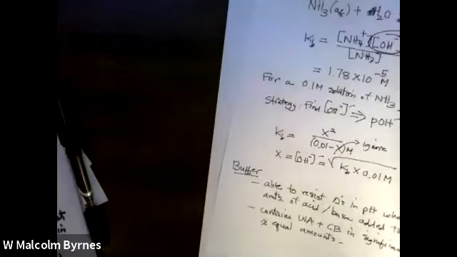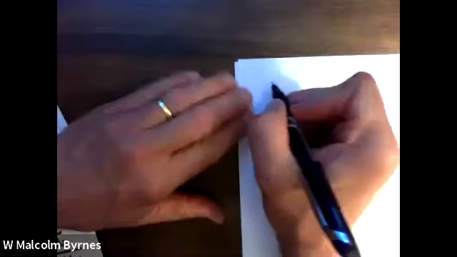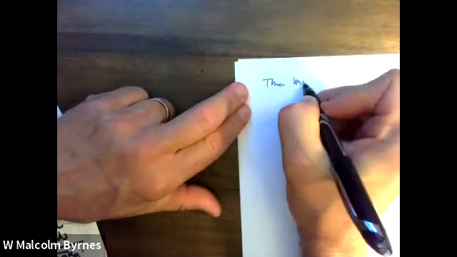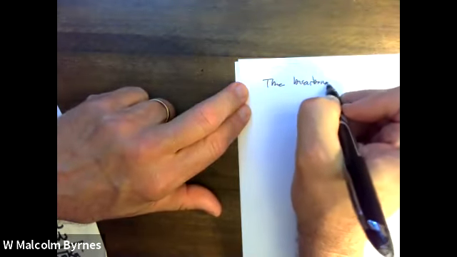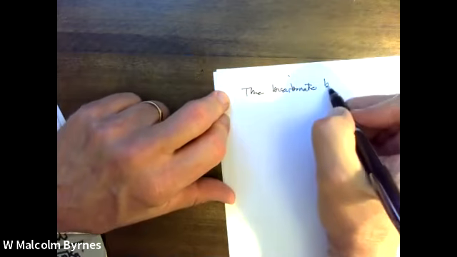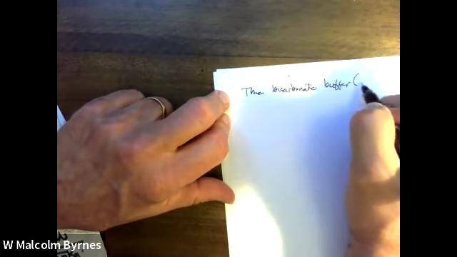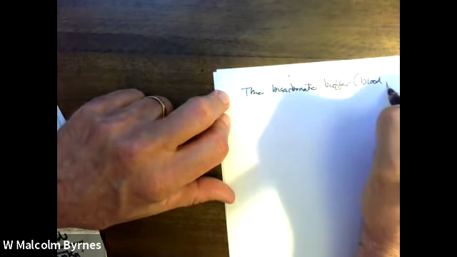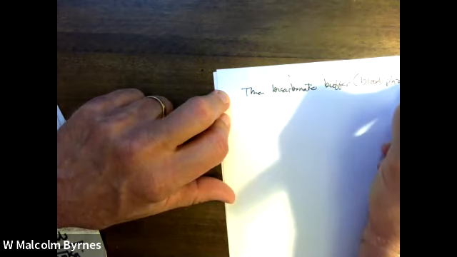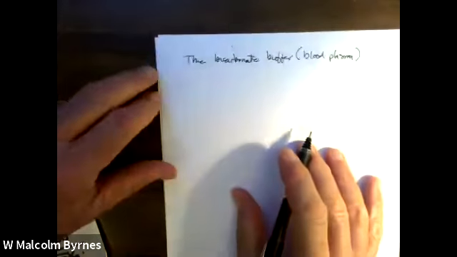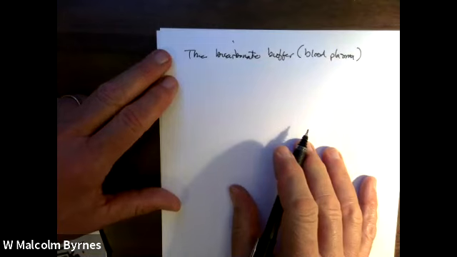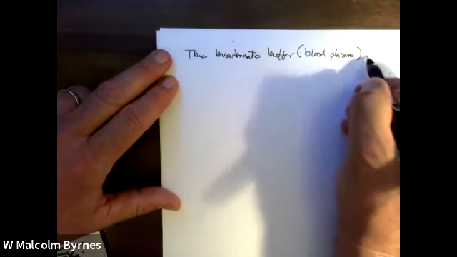So I want to talk about a particular buffer briefly, and that is the bicarbonate buffer that's present in blood plasma. Again, blood plasma. Okay. Bicarbonate buffer is present in blood plasma.